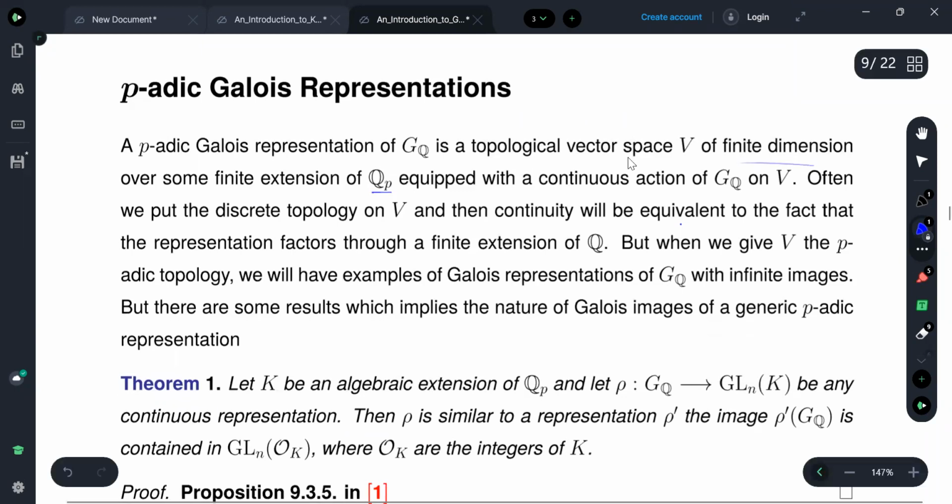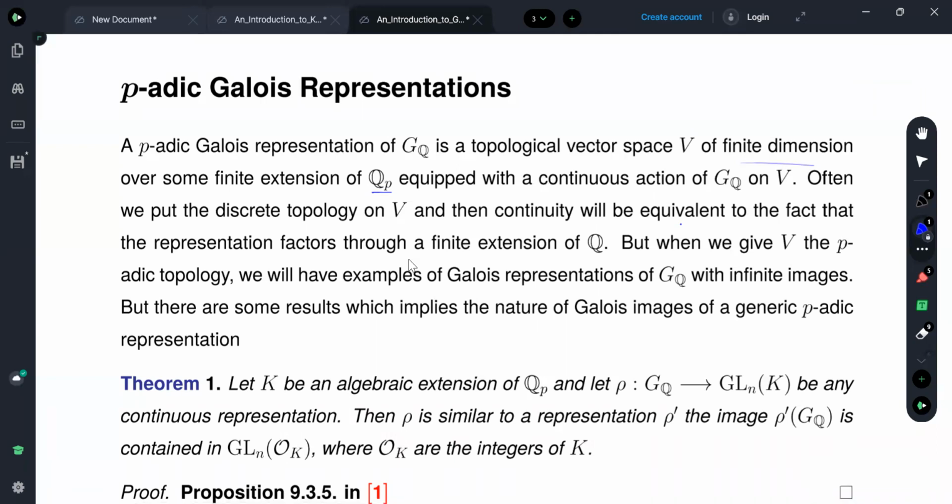If we give the vector space the discrete topology, then it will again factor through a finite extension, and that can be seen easily, because for a discrete topology the image will be finite if we consider a continuous representation. So we give V the p-adic topology, and then we see what happens.